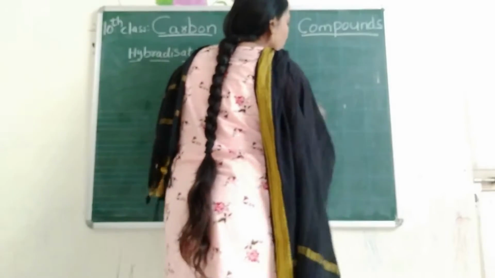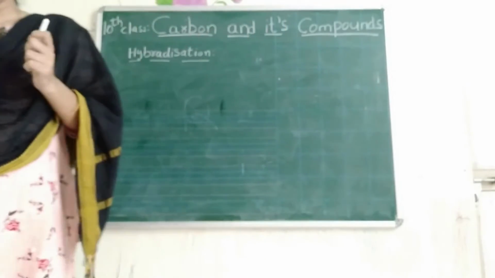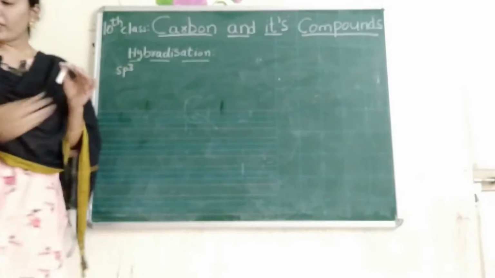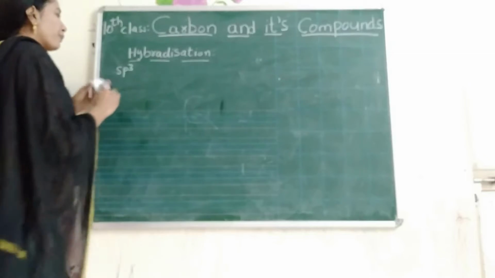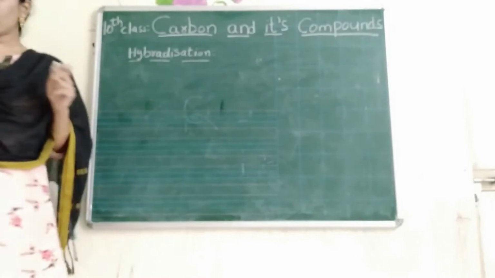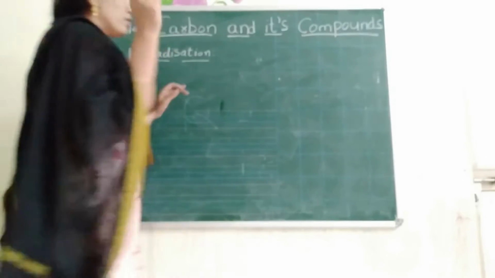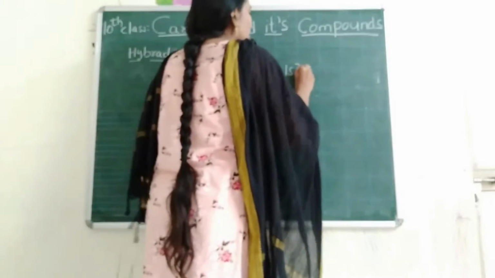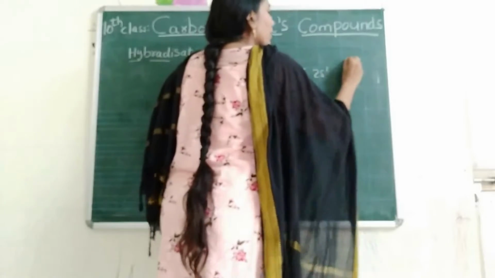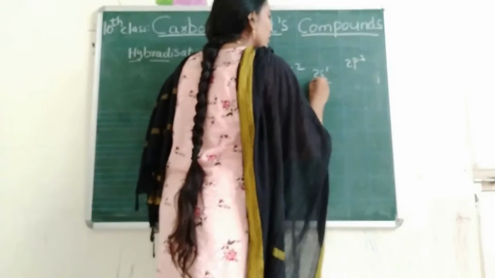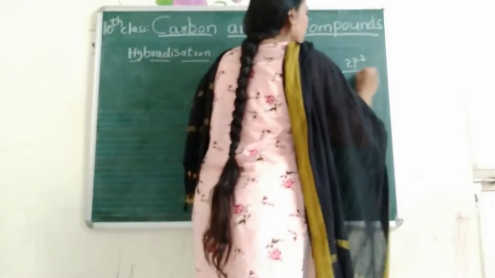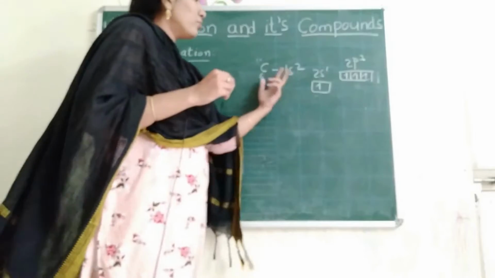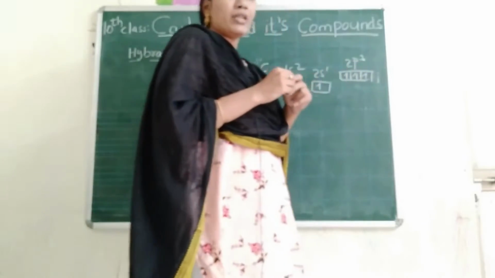First of all, we are going to discuss sp3 hybridization. Before going to that, you have to know the definition of hybridization. What is hybridization? Here again is carbon, atomic number 6, 1s2, 2s1, 2p3, 1 electron here and 3 electrons here. Both the 2s and 2p have a difference in energy.